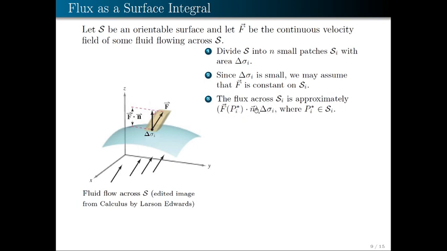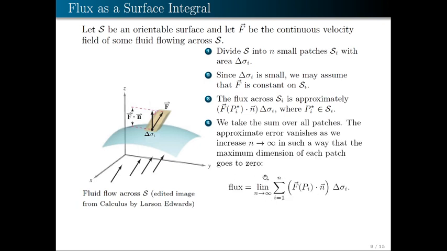So that is the flux on each small patch. We then add all the flux across all patches to make an approximation for the total flux. So we sum up all of this for all patches, for all i.